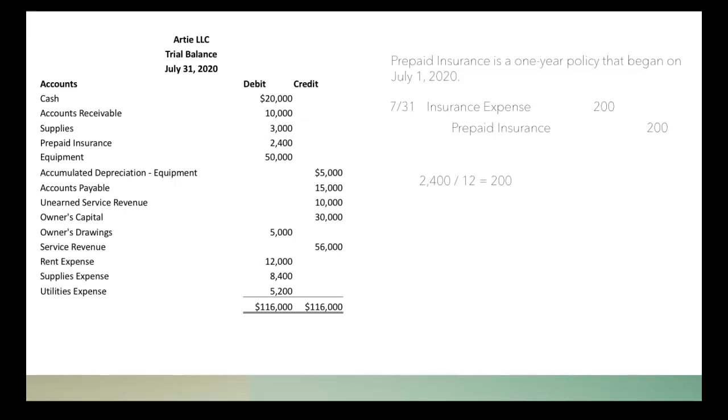So we will debit our insurance expense $200 and credit our prepaid insurance $200. So our expenses are going up here, and our asset account of prepaid insurance is decreasing because we've used up more insurance.